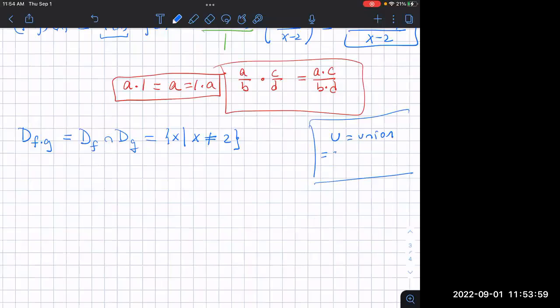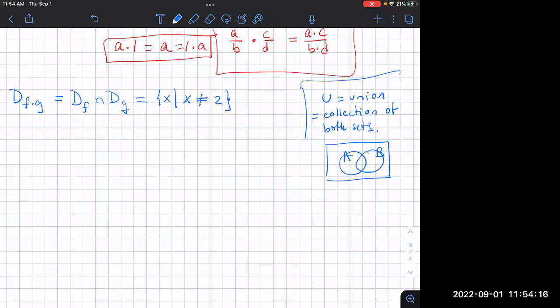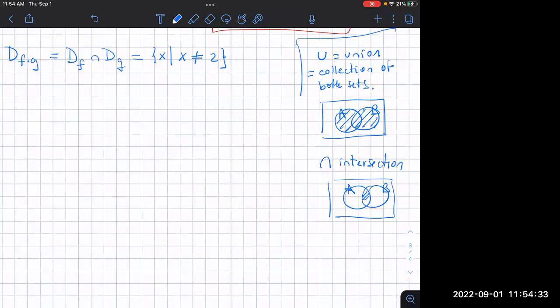One way to express it is a collection of both sets. The way this is illustrated sometimes, say you have set A and set B, then the union is all of this with the intersection. The intersection is what's in between only. It has to be in both. So that's the difference between the union and the intersection.